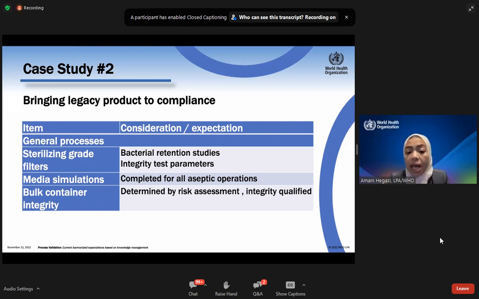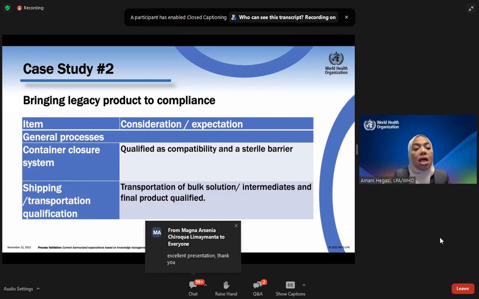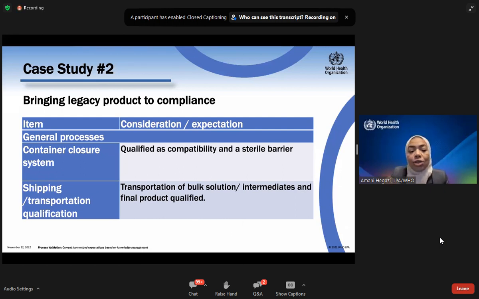Media simulation for aseptic processing is there, completed for all aseptic operations with acceptable results. Bulk container integrity determined by risk assessment, qualified the integrity. Container closure system is qualified, ensured and verified that it is compatible and considered as a sterile barrier.